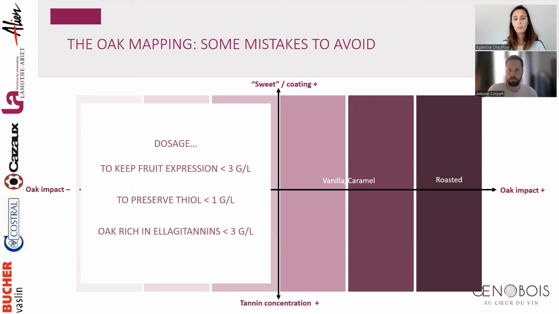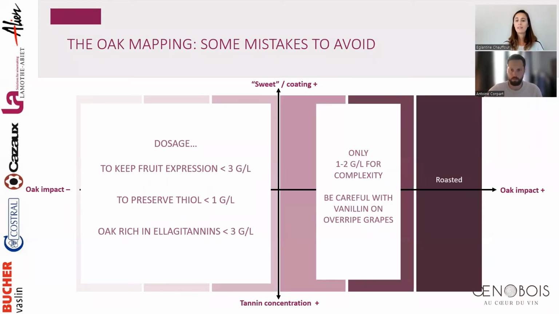And then when we're talking about our oaks that are rich in ellagitannins, such as our granulars or origin staves, we want to work at lower dosage, so lower than 3 grams per liter as well. Okay, so dosage is very important here. This said, these dosages are adapted to an Aubois range, okay?